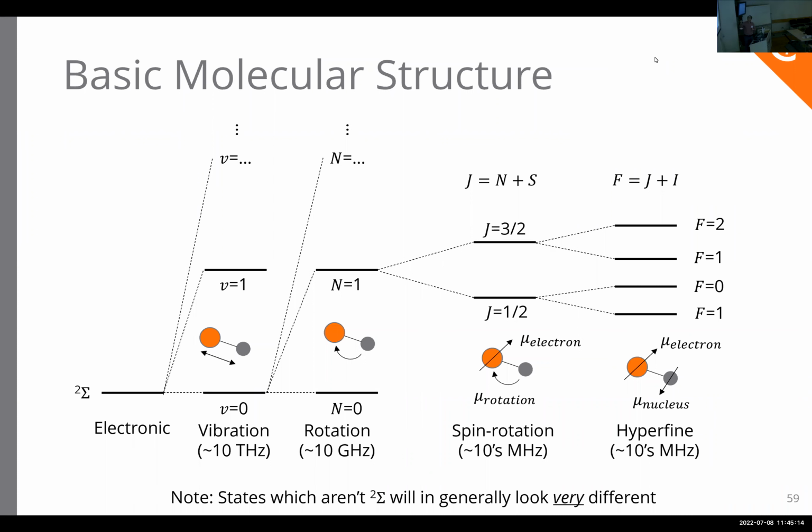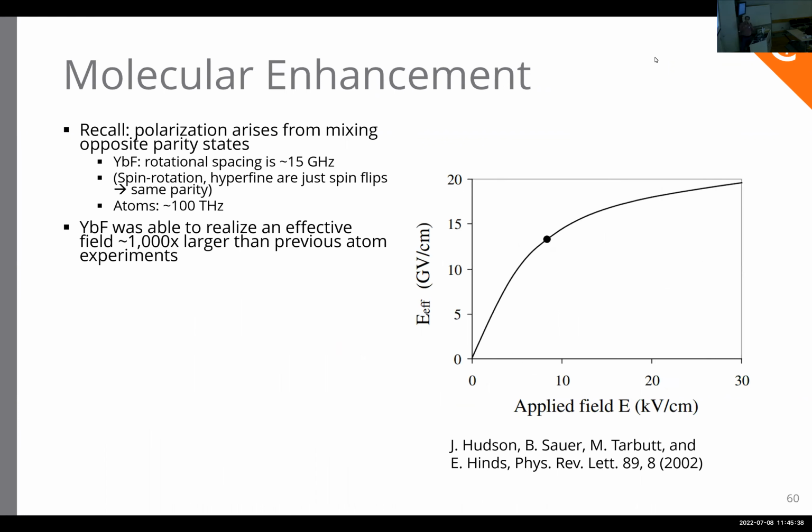By the way, you can't use these close states. You might say, these are really close, that's even better. But all of these states are differentiated by spin reorientations, and spin reorientations don't change the parity of the state. So in this molecule, the closest opposite parity states would be the N equals 0 and N equals 1 states. But that's still really great.